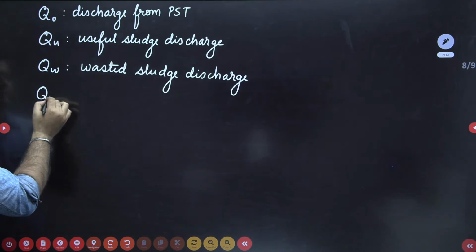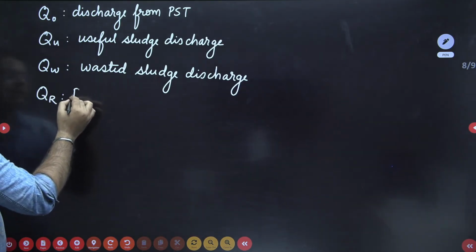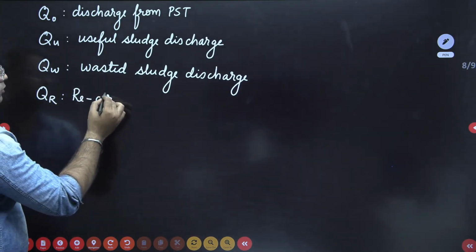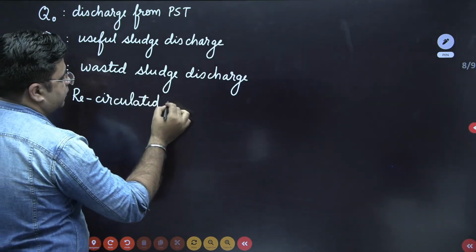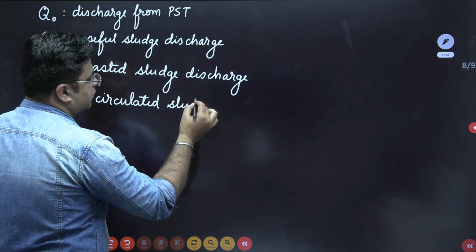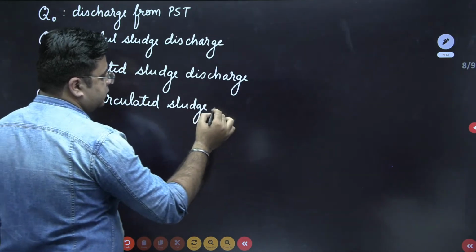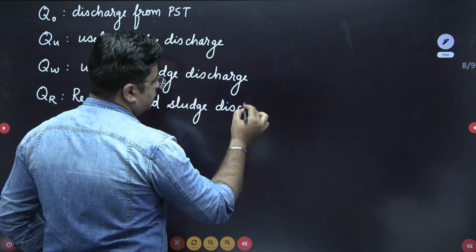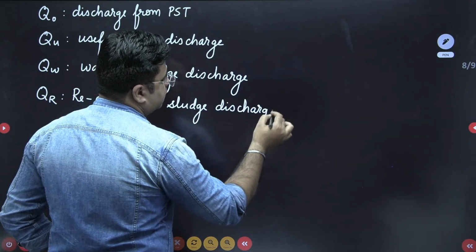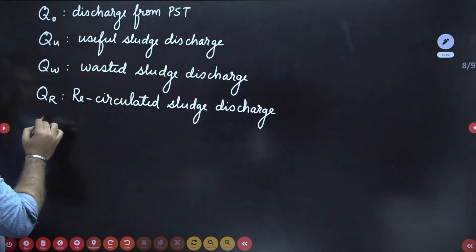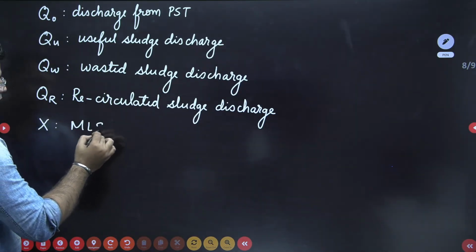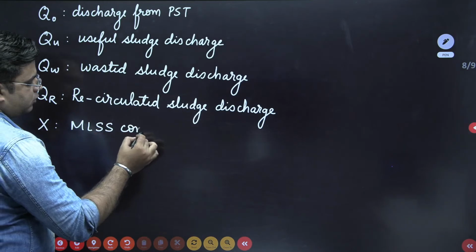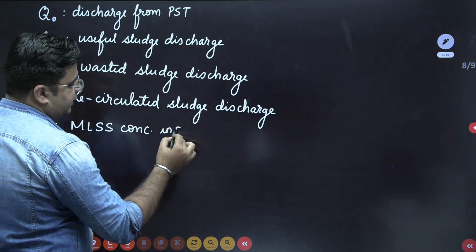QR is recirculated sludge discharge. X is MLSS concentration inside the aeration tank.